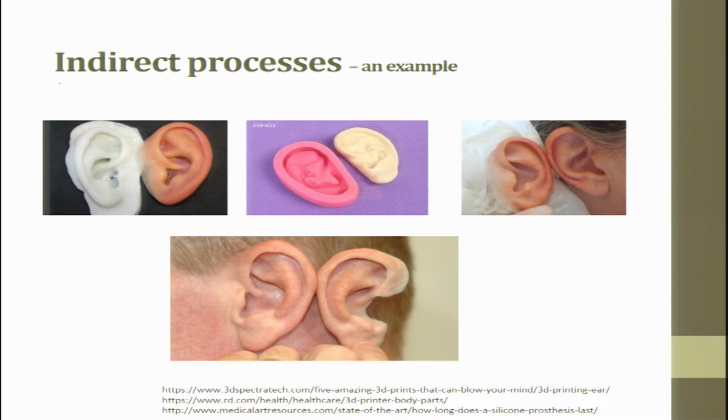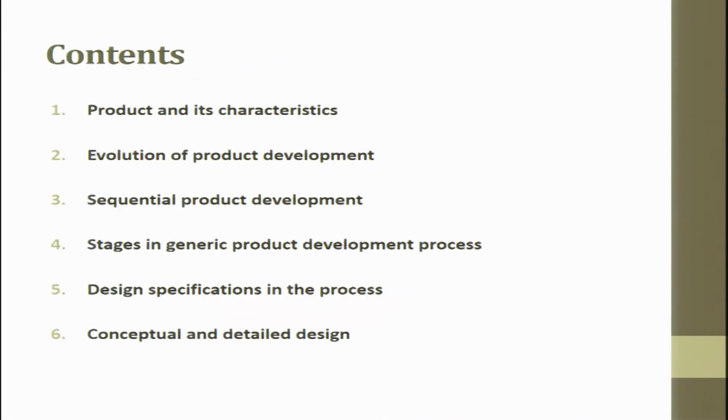This is an indirect process, wherein first we make the replica of the ear, then we make a die, and then we make a part. You see, this is a part made by a rapid manufacturing technique, and this is an original ear of a human being. So, this is called an indirect process.